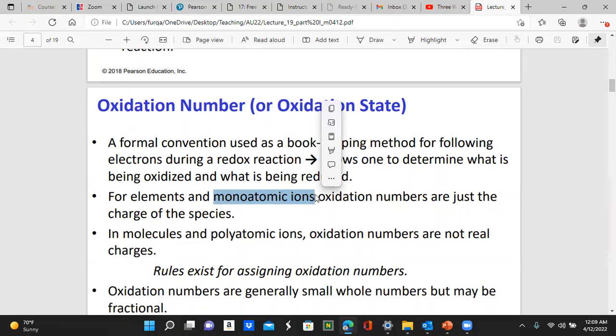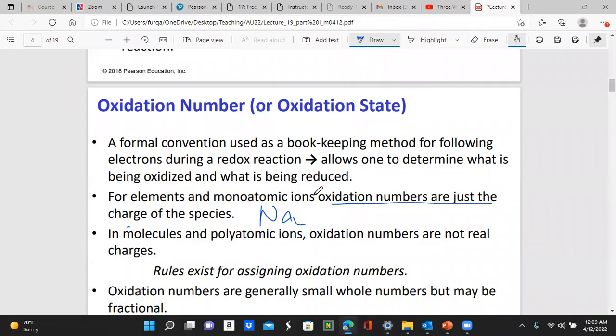So sodium is going to become sodium 1 plus. If you talk about sodium, what is the charge? Oxidation numbers are just the charge of this. It goes for 1 plus, right? So the oxidation state is going to be plus 1. That is the difference: the ionic charge that we show is always going to be after the numeral.